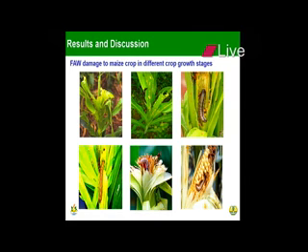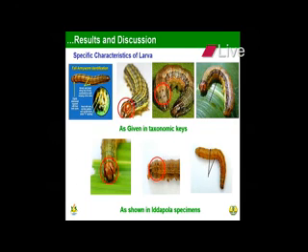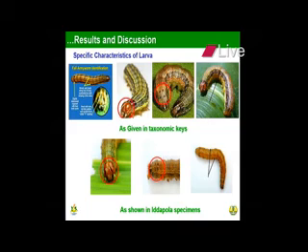I will describe the specific characteristics of the larva. As given in the taxonomic literature, it has an inverted Y shape in the head area, and there are two paler lines along the body.